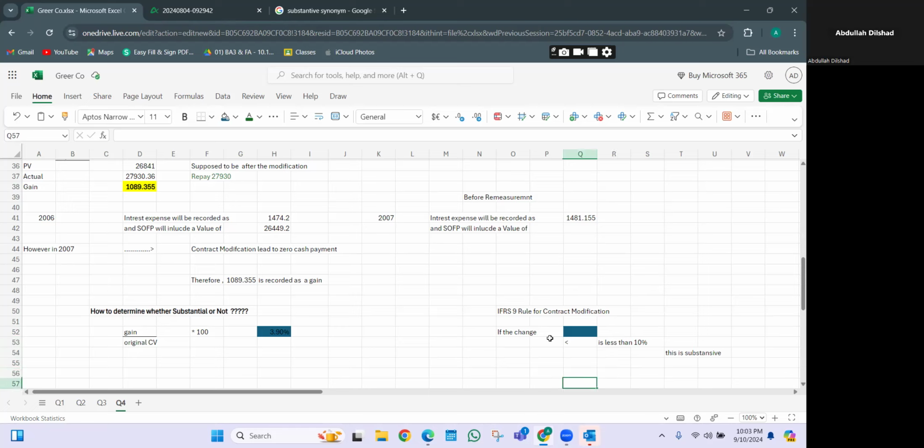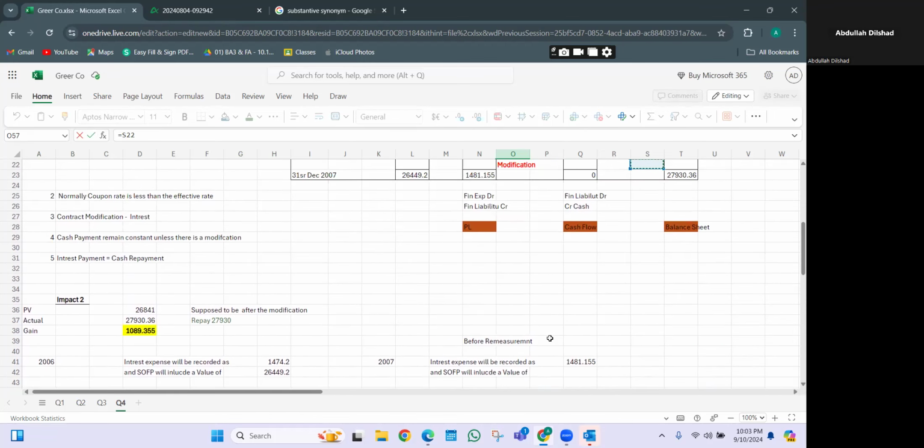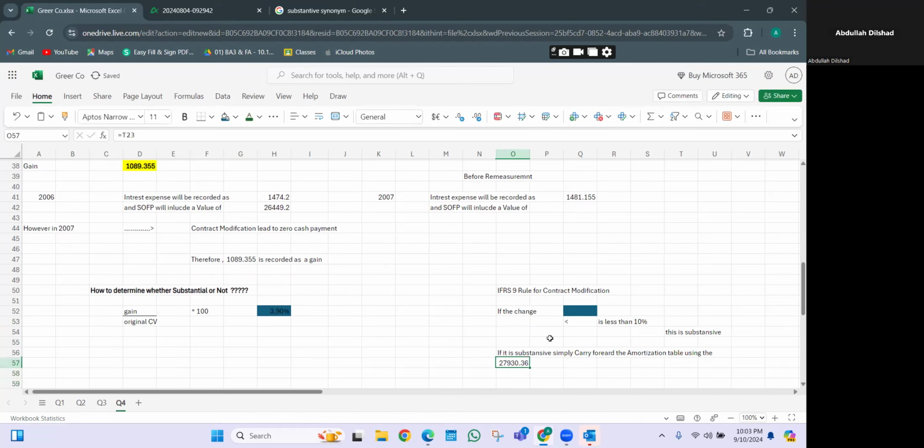If it is substantive, simply carry forward the amortization table using this value. You all don't need to go and rechange it.